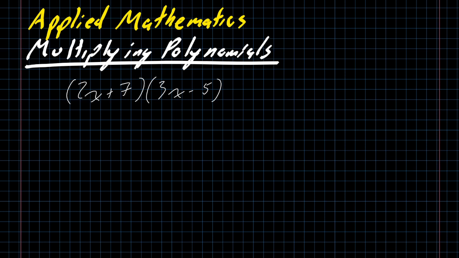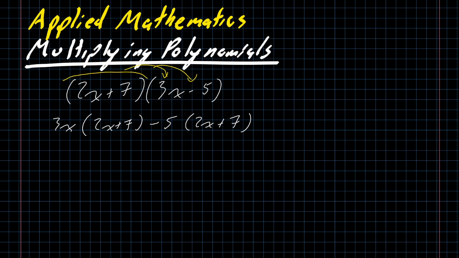The technically correct way of working through this is to treat 2x plus 7 as a single entity, and then distribute that single entity across everything in the other polynomial. So we will have 3x times 2x plus 7 minus 5 times 2x plus 7.